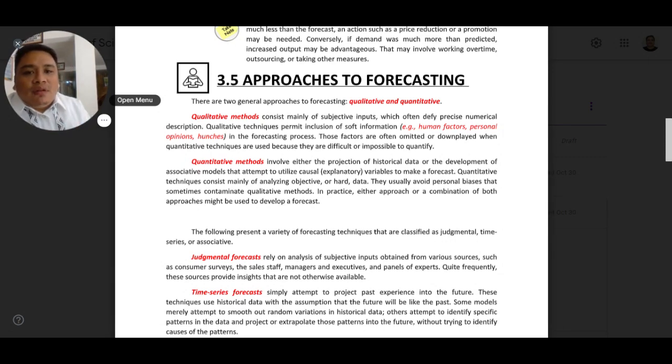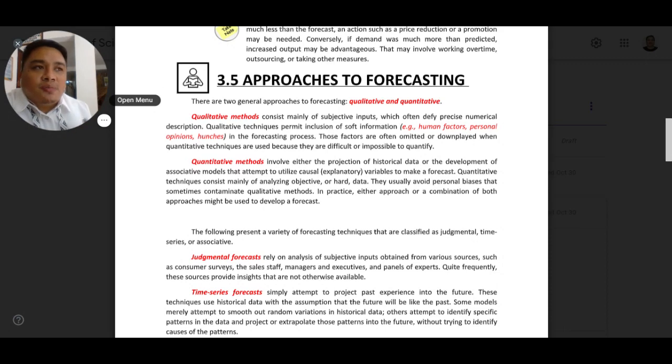Okay. For example, ang example ng qualitative method is those subjective inputs. Yung nakukuha natin, nagagather natin na data coming from individuals. For example, yung mga nagbe-base sila sa experiences.